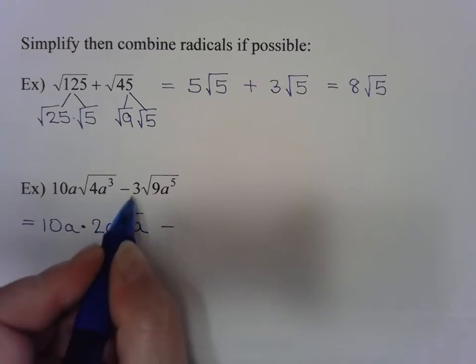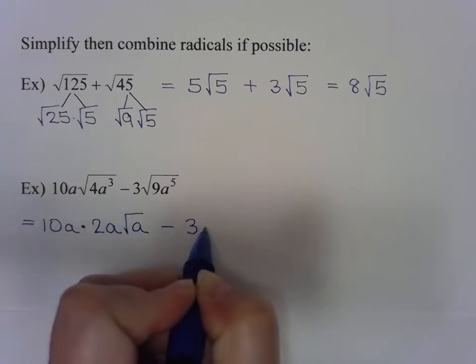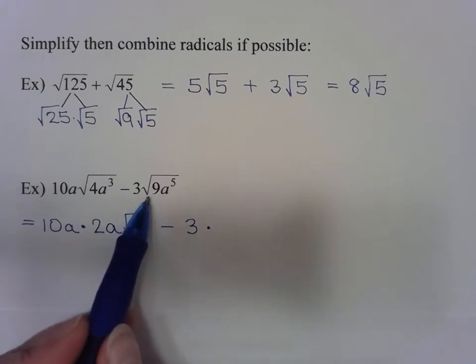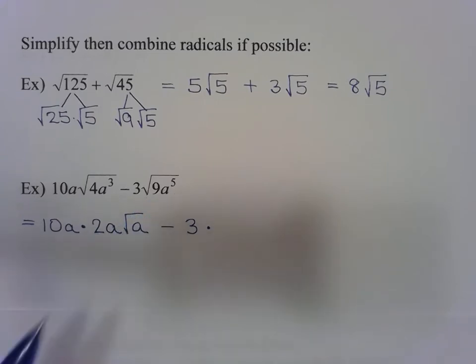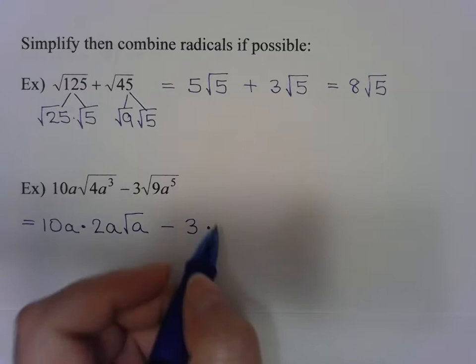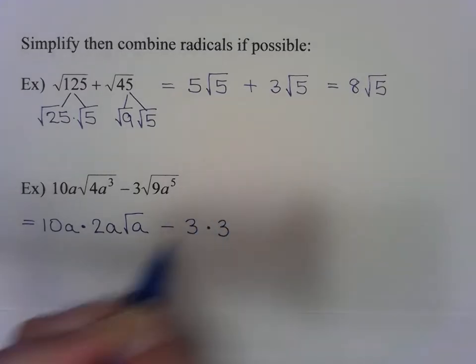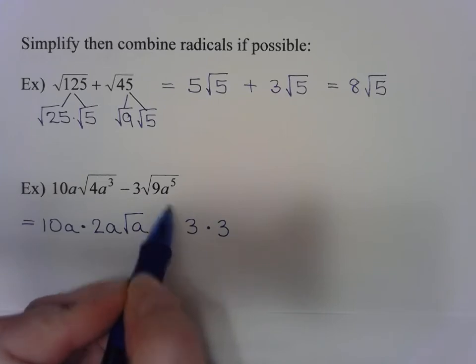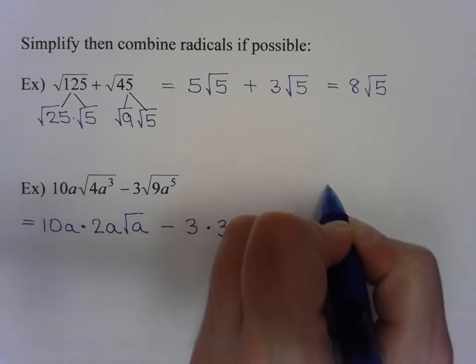Same thing for this second piece. Let's leave the 3 there to hang out. For the square root of 9a to the 5th, what can come to the outside? I can take the square root of 9. It's going to give me a 3. If I take the square root of a to the 5th, how many a's can come out?